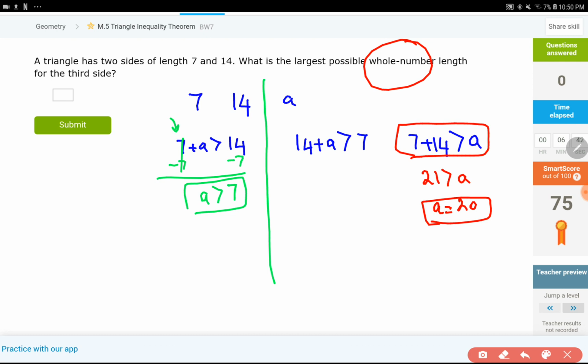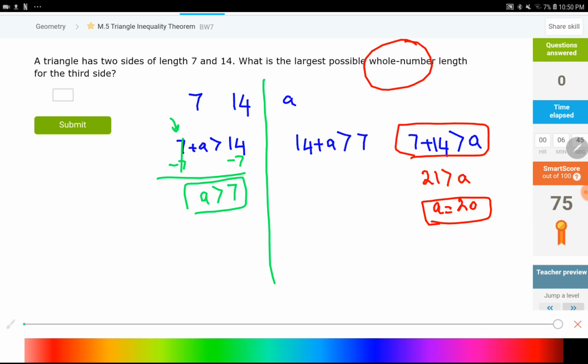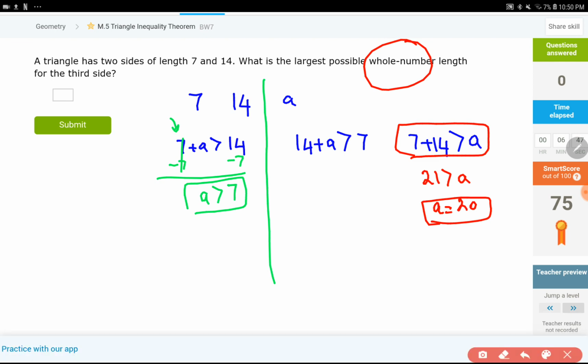Let's check the second inequality out. To get a by itself, we should subtract 14. Bring down the a. 7 minus 14 is negative 7. We are talking about sides of a triangle, and this inequality tells me that a is greater than negative 7. But negative 6, negative 5, negative 4, negative 3, negative 1, and 0 cannot be sides of a triangle.